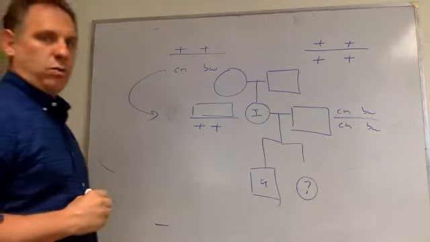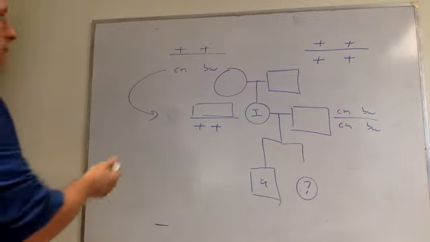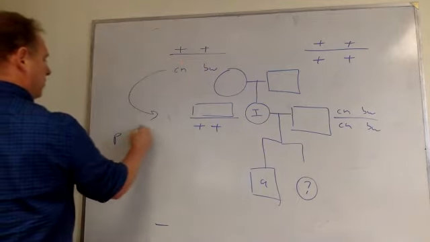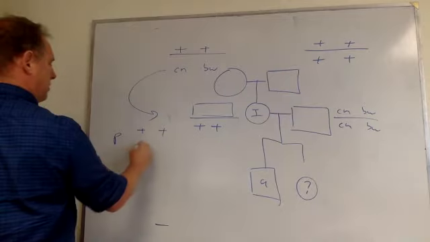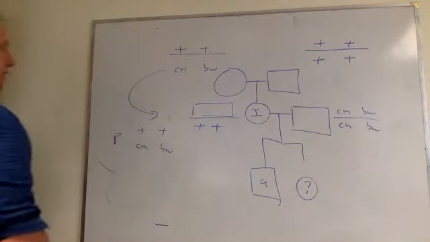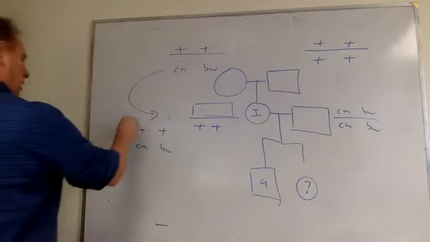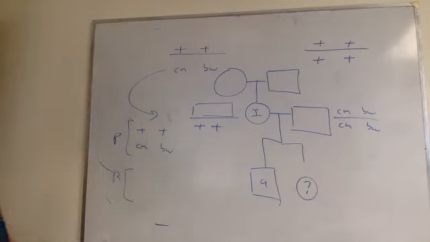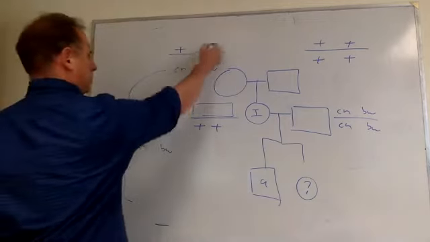Okay. So, again, 4 possible gametes that this individual can transmit. There are the parentals, which are plus, and Cinnabar Brown together, right? And the recombinants, which are now plus with Brown or Cinnabar with plus.